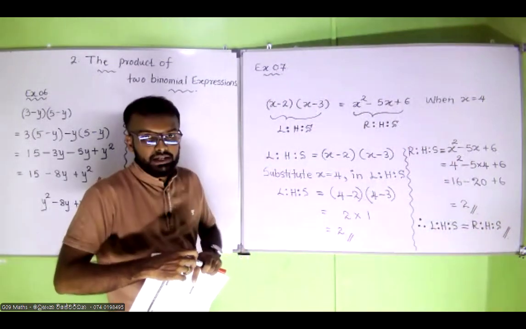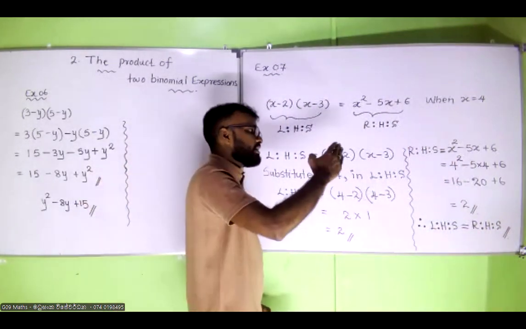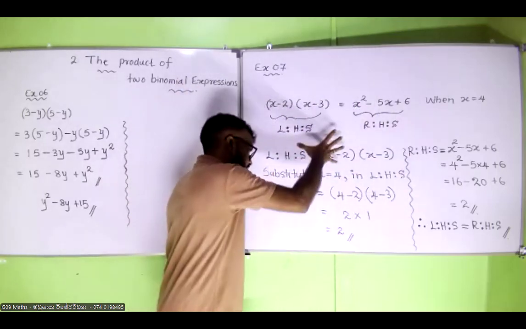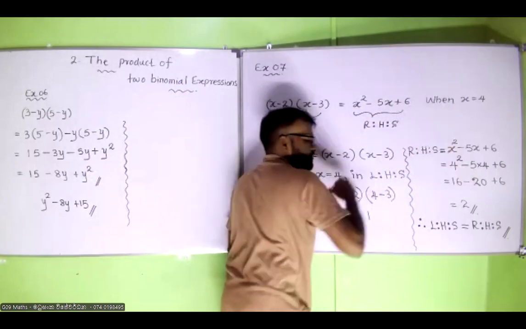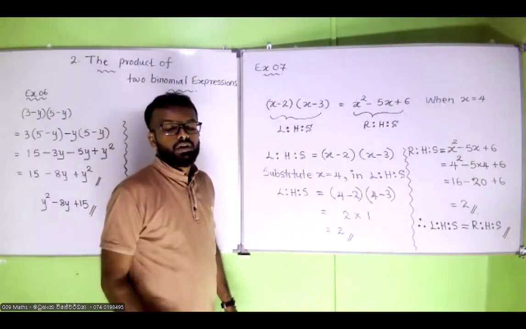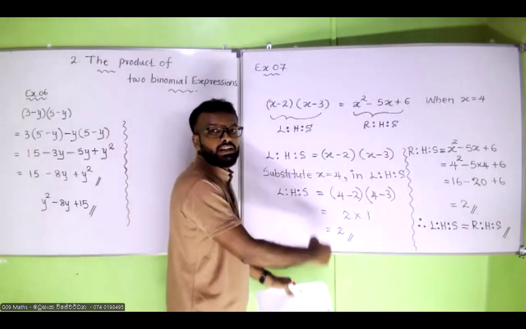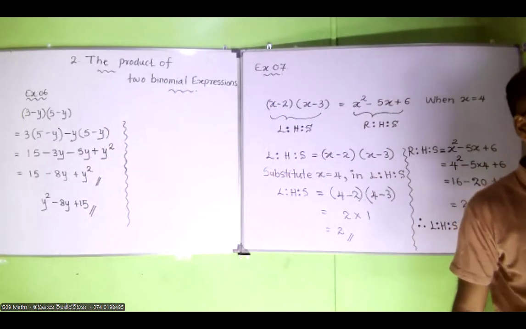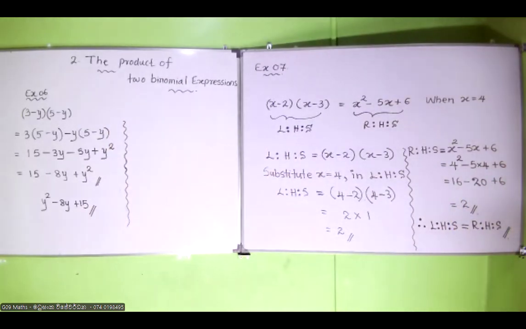You need to say that your left hand side is equal to your right hand side because you have proved this and this. You have shown them. Very clear. Right? So please try this.